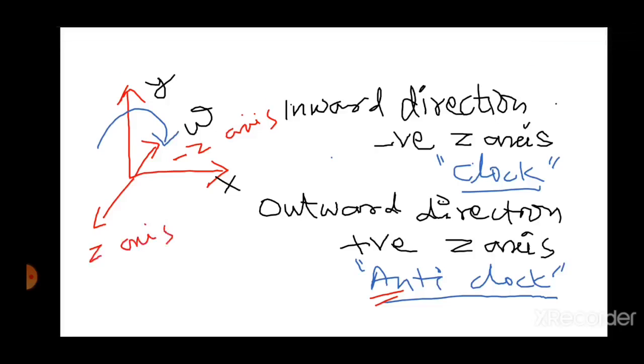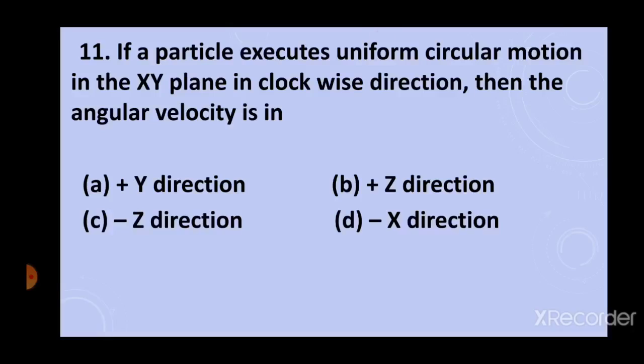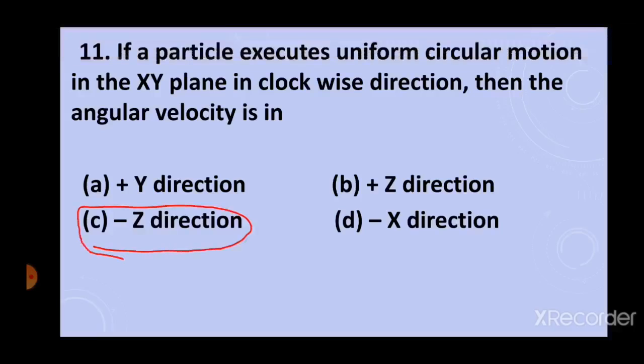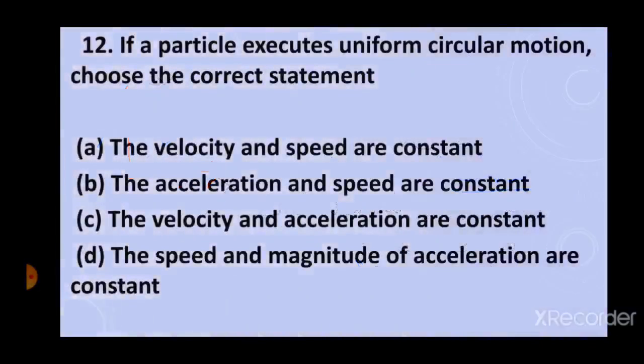So here, uniform circular motion in the xy plane, the particle rotates in clockwise direction, so the direction of the screw is inward along the negative z direction. So students, the answer is option C, minus z direction. Understand? Okay.